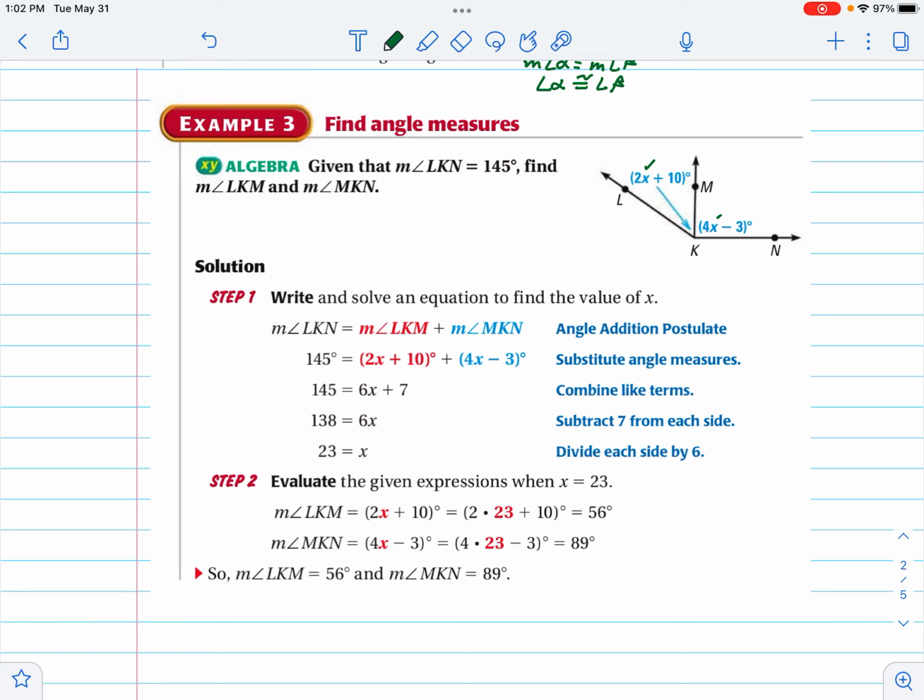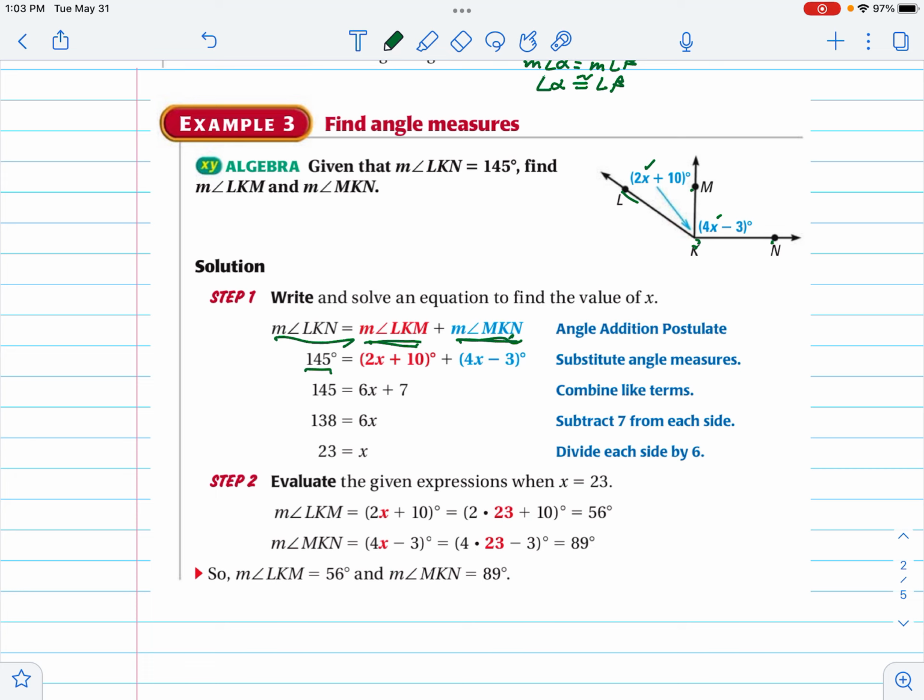Let's suppose this angle is 145 degrees, and we know that the measure of angle LKM, that's this right here, and the measure of MKN is right here. So this big angle is equal to the sum of the measures of the other two. So this big angle is 145.